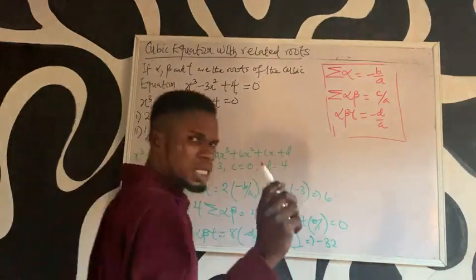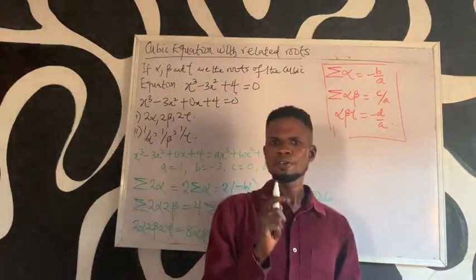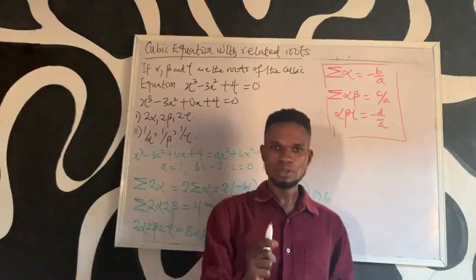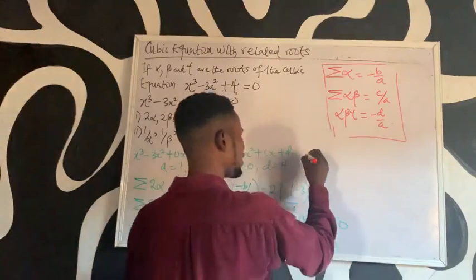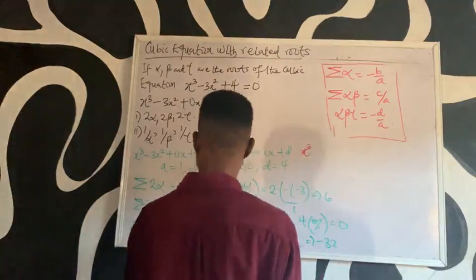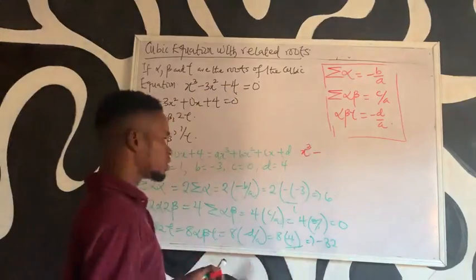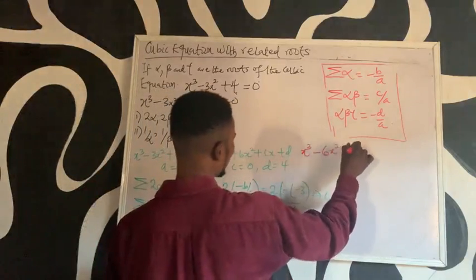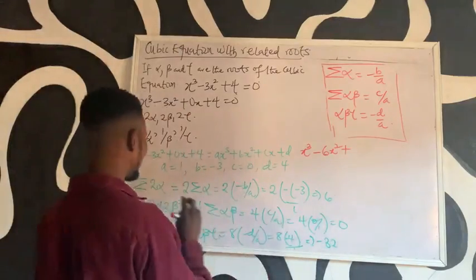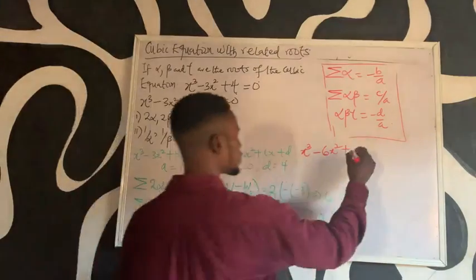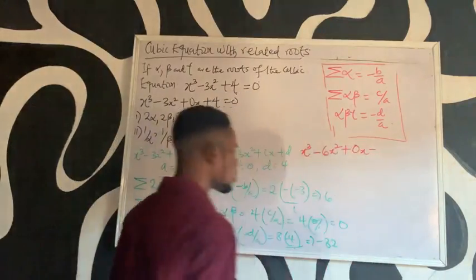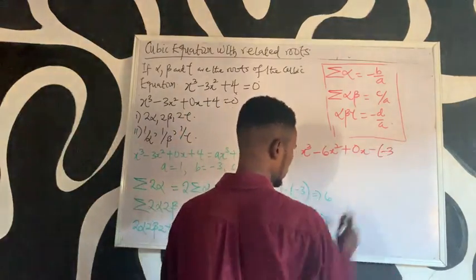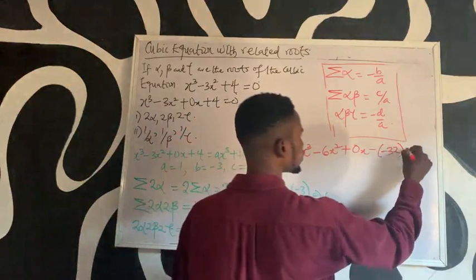Construction of a cubic equation. Remember, from construction of a quadratic equation, that is x squared minus sum of roots x plus product equal to 0. But here we have x cubed minus sum of roots taking one at a time, 6x squared, plus sum of roots taking two at a time, 0x, minus product of roots, minus 32, equal to 0.